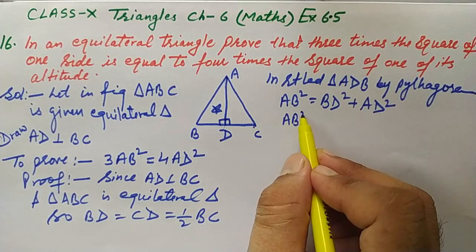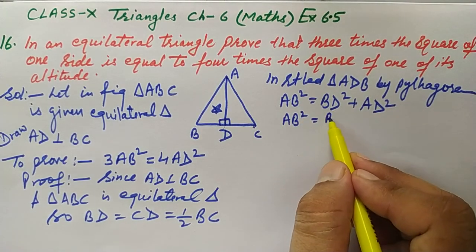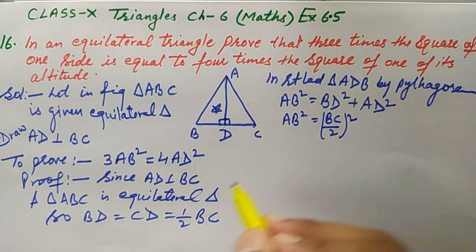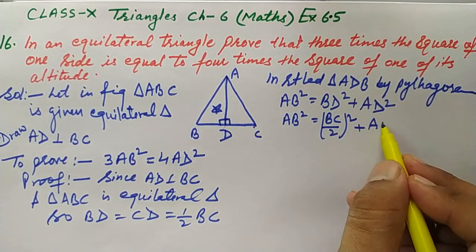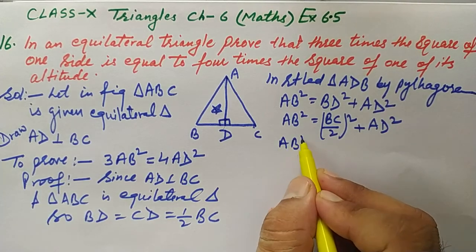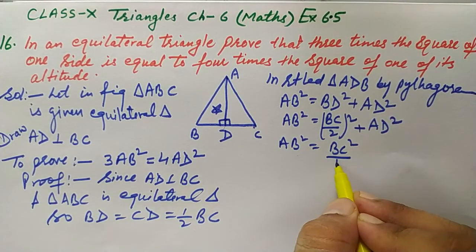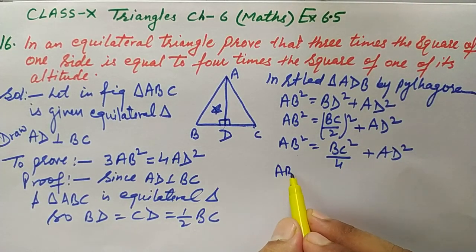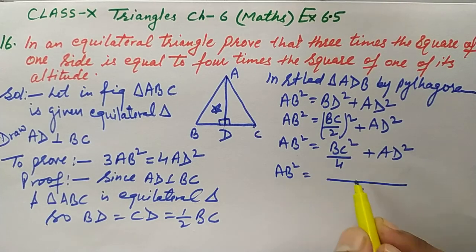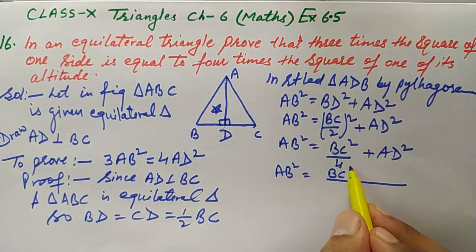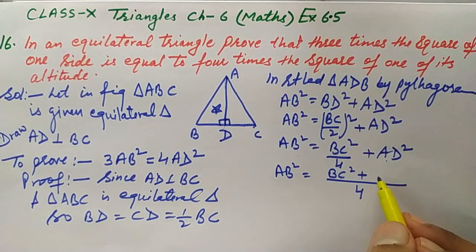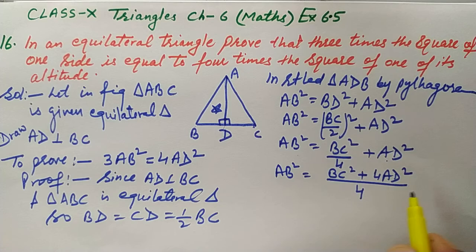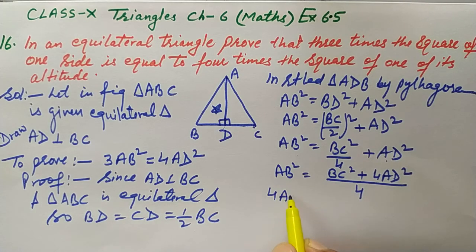So AB square is equal to BD, I can write half of BC, because I told you in the beginning this is half of BC, plus AD square. So let's open this. So we'll get here BC square over 4, because 2 square is 4, plus AD square, right? So take LCM in the right hand side. So 4 is LCM. So 4 ones are, so multiply with 1, plus 1 4s are, so multiply with 4, so 4AD square it is. Now cross multiply this, so it becomes 4AB square is equal to BC square plus 4AD square.